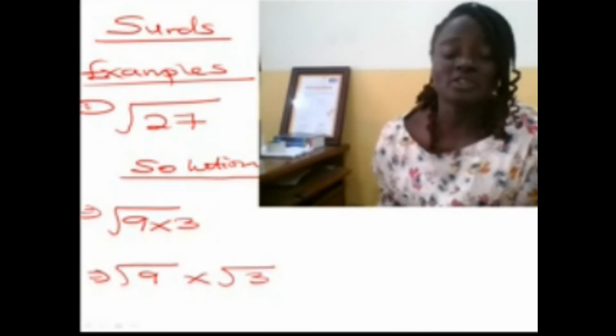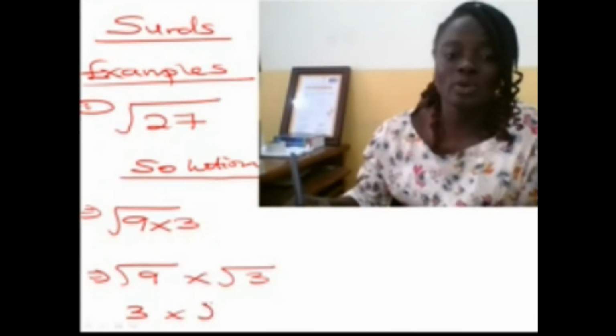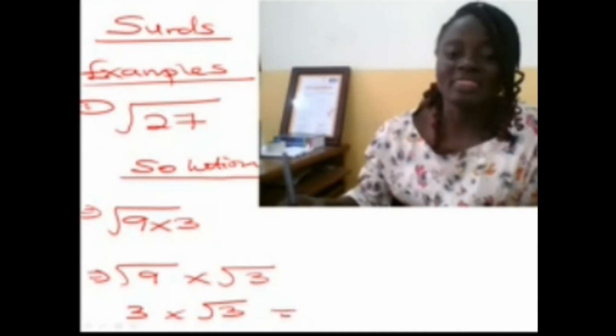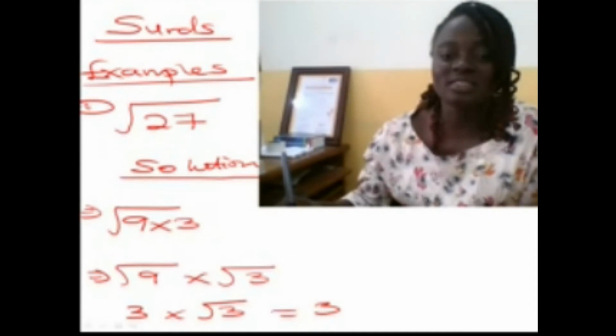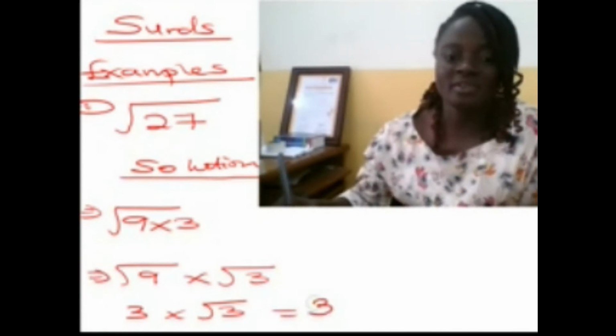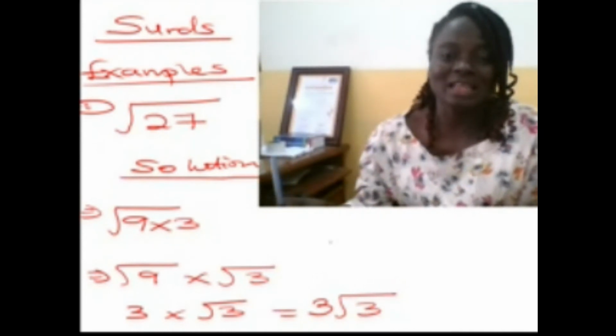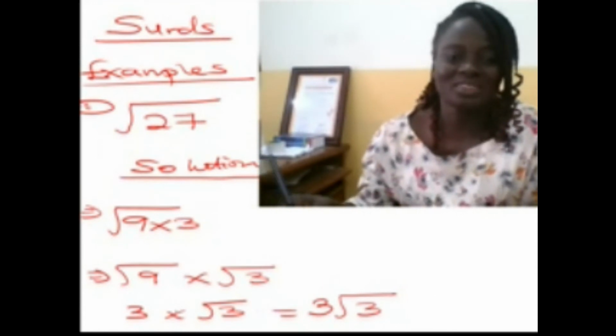Now what is square root of 9? That is 3 times square root of 3. So square root of 27 is giving us 3 root 3.